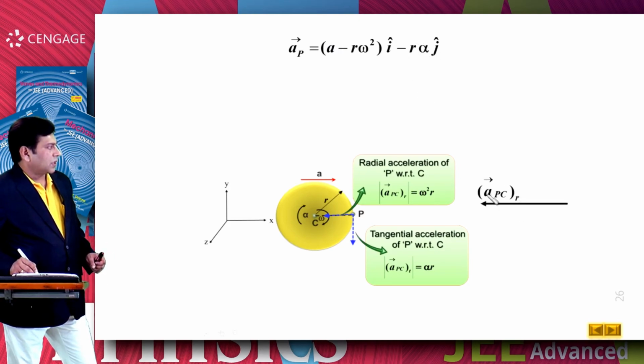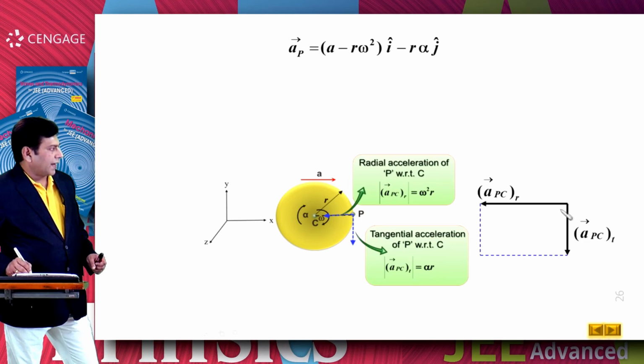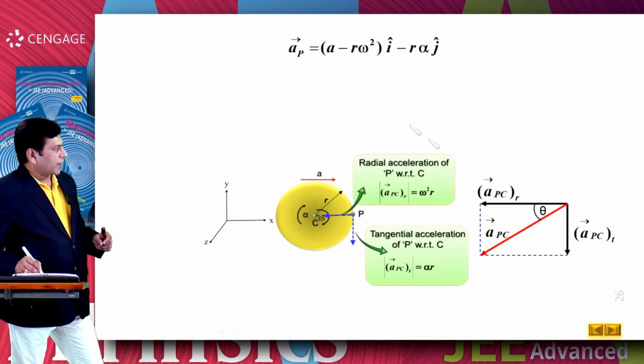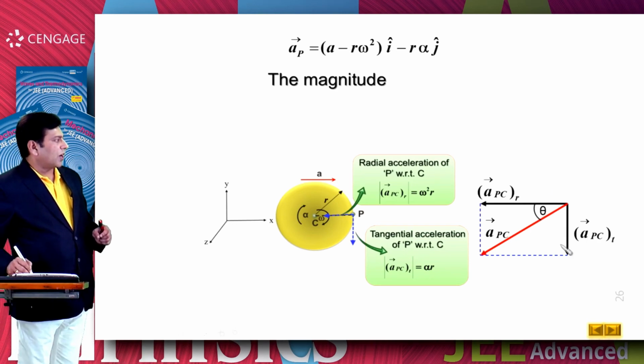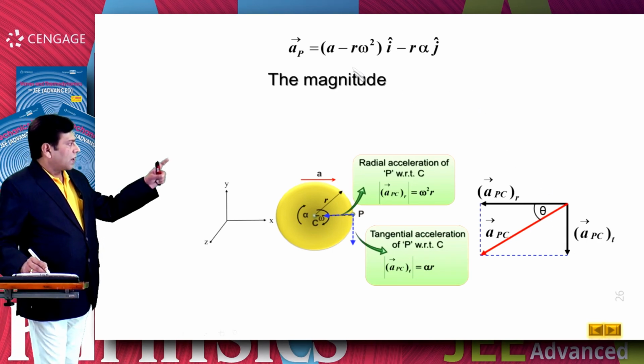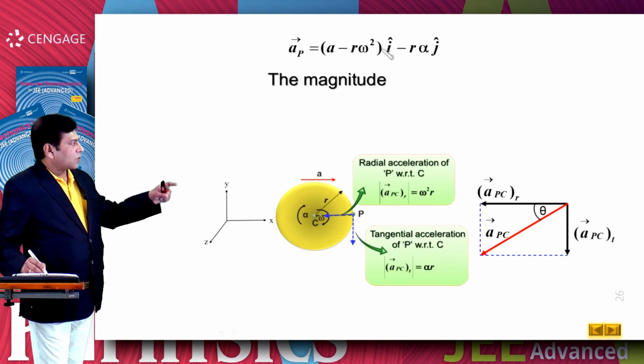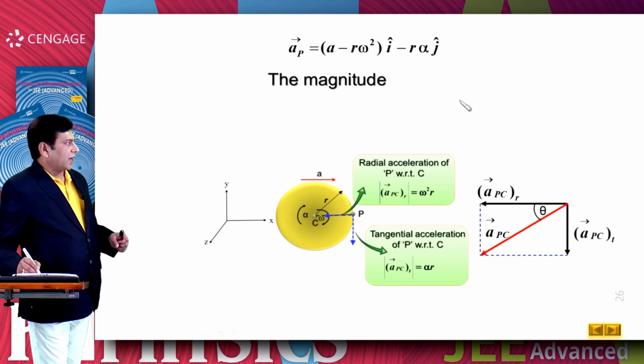You know, this is the radial direction, this is the tangential direction, and this is the net acceleration. This angle is theta. So as we discussed, we can take the mod of this equation because these components are perpendicular. So magnitude is under root of (A minus r omega square) whole square plus (r alpha) whole square.